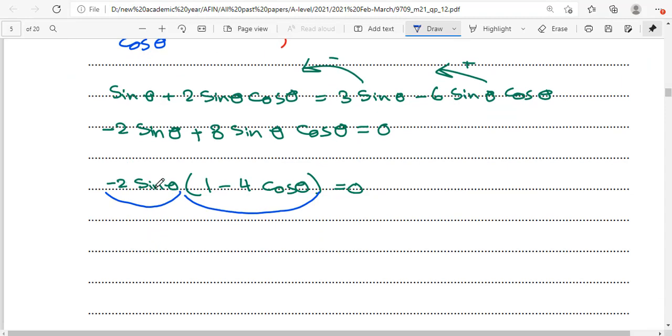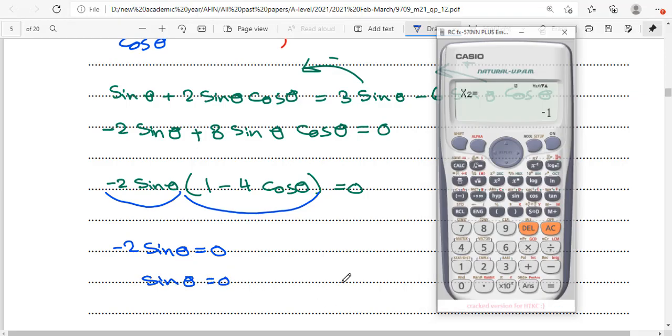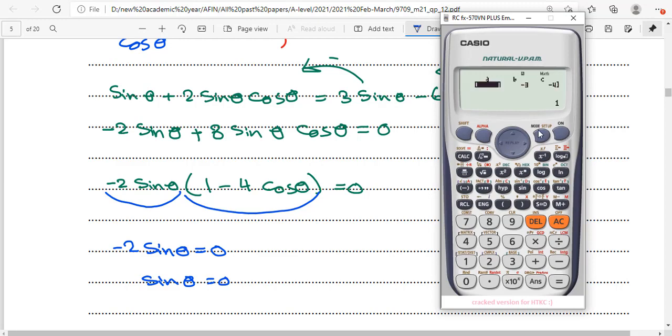Then the case of this multiplication of these two terms being 0, we say negative 2 sine theta could be equal to 0. Then this negative 2, we can say divide both sides by negative 2, then it leads to sine theta is equal to 0.